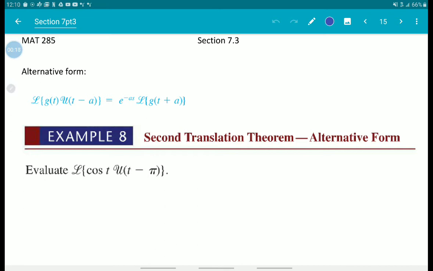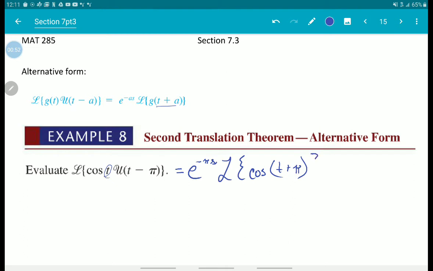So if we were to apply this theorem, which is number 53 on our table, then we would have e to the negative as, our a is pi, times the Laplace of our g of t plus a. So our function is cosine of t, but we're going to replace that t with t plus pi.